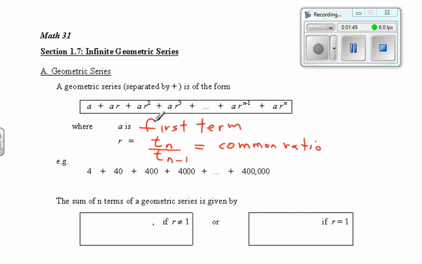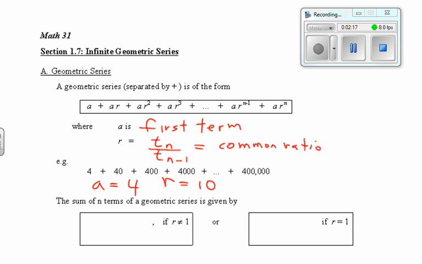Or, in more layman's language, the number you're multiplying by every time. All right, so that's sort of a hands-on definition. All right, so we obviously have a geometric series right here. Yes, our first term is 4, and we're multiplying by 10 every time, so our value of r would be 10.